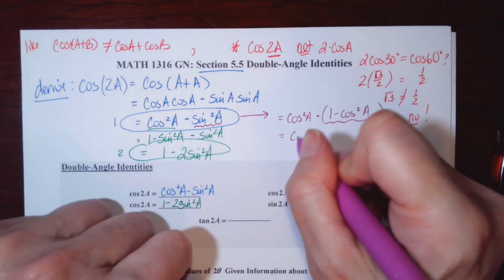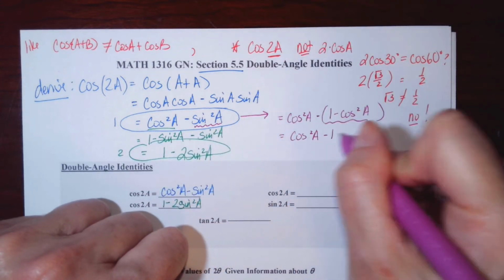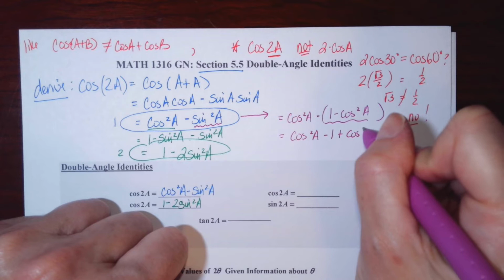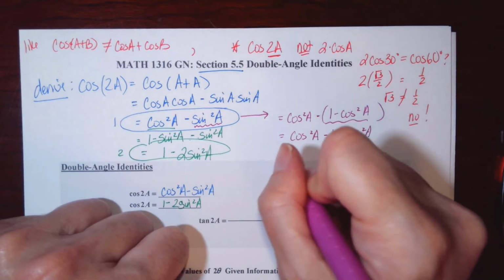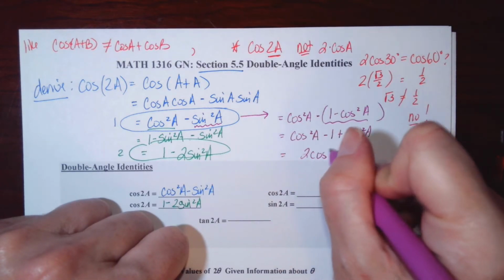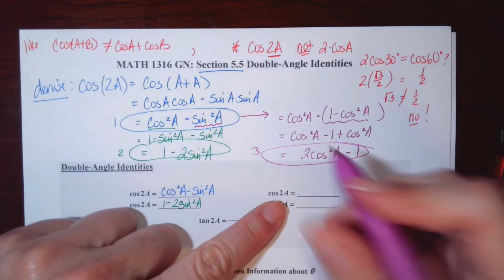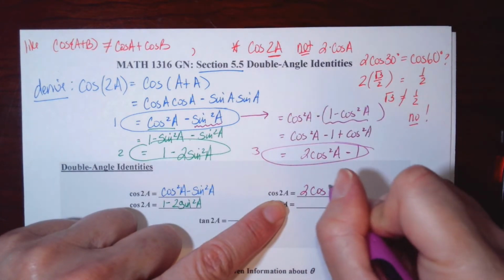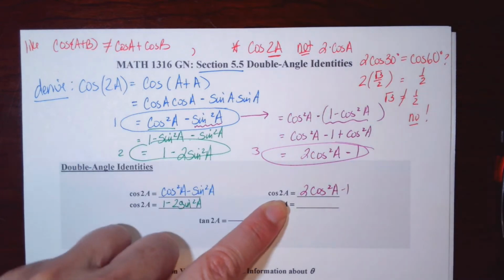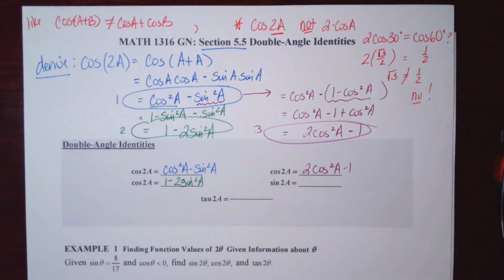So that yields cosine squared a minus 1 plus cosine squared a, which gives me 2 cosine squared a minus 1, and that's my third option for my cosine double angle identity. I have 3 different options for cosine double angle.